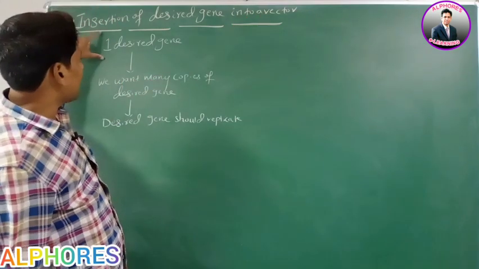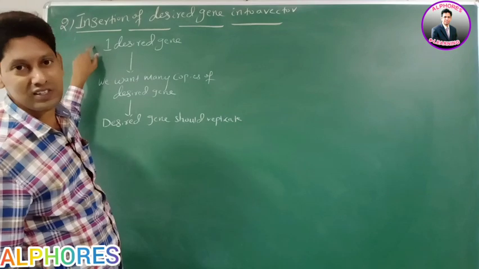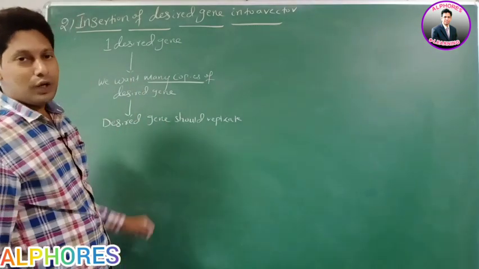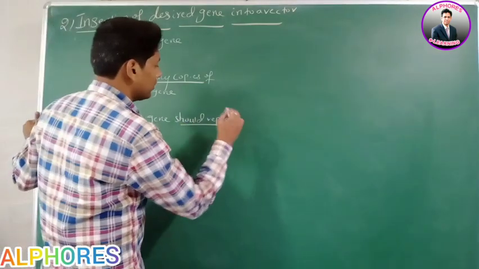We have a desired gene, and we want many copies of it. To produce many copies of the desired gene, the desired gene should replicate.